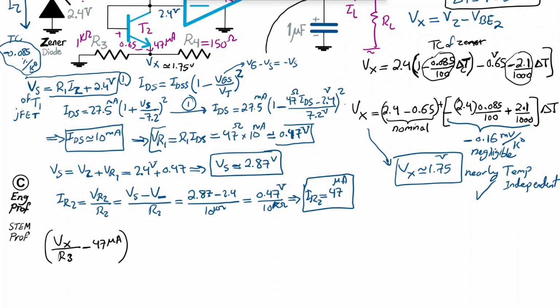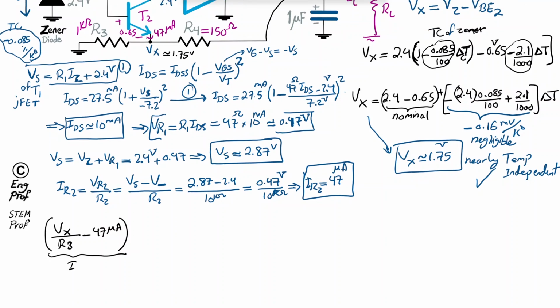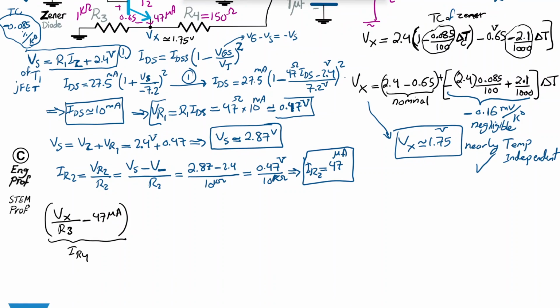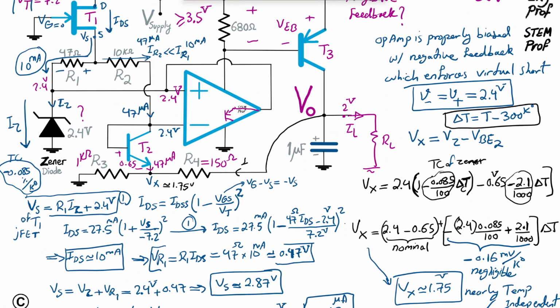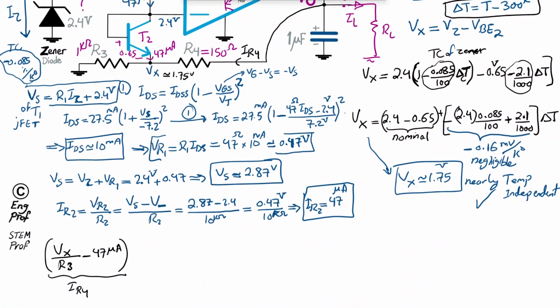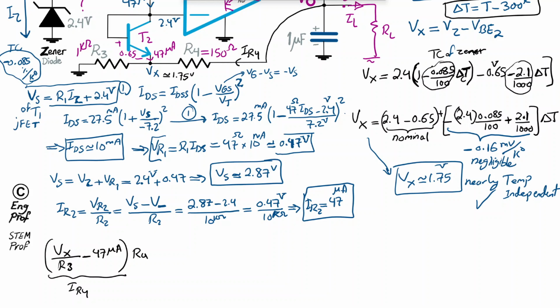So this would be I R4, basically this current, I R4 times R4 is the voltage drop across R4. And then we can add this to Vx, which is this voltage, to get to the final output voltage.